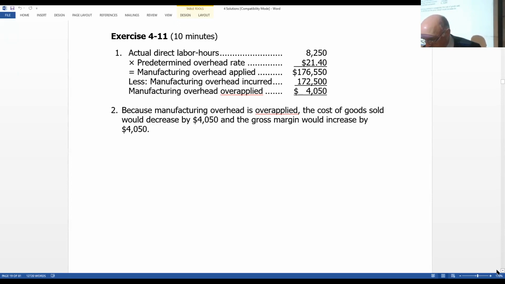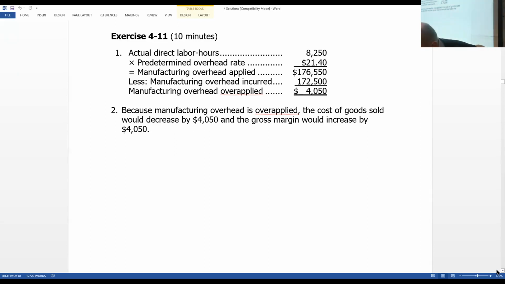This predetermined rate was based on a cost formula that estimated $171,200 of total manufacturing overhead for an estimated activity level of 8,000 direct labor hours. The company incurred actual total manufacturing overhead costs of $172,500 and 8,250 total direct labor hours during the period.